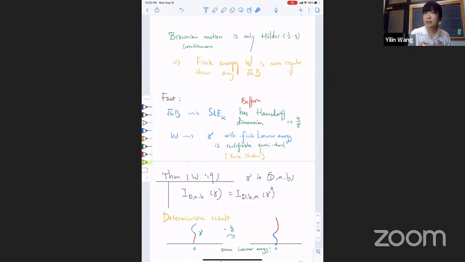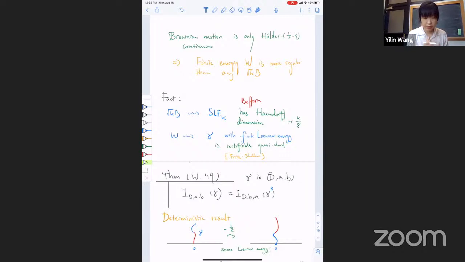But on the other hand, Dirichlet energy is the action functional of Brownian motion. Although it tells you some asymptotic behavior, you can still think of it as capturing information about SLE.